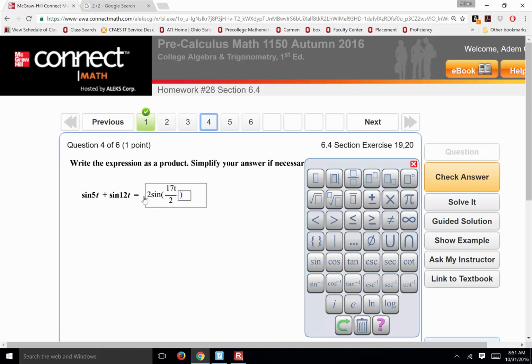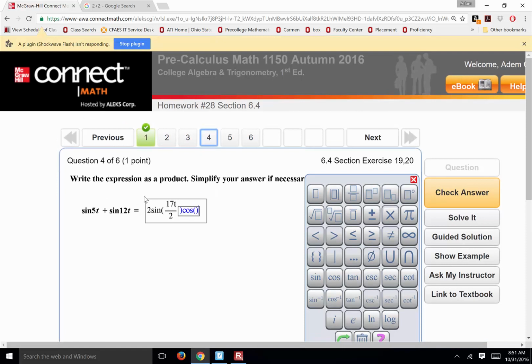And cosine of 7 over 2, right? Again, I can't try. I need to update this plugin, so it's going to give me an error again. But let me know if your answer doesn't work, but it should work. So we simplify and write it as a product.